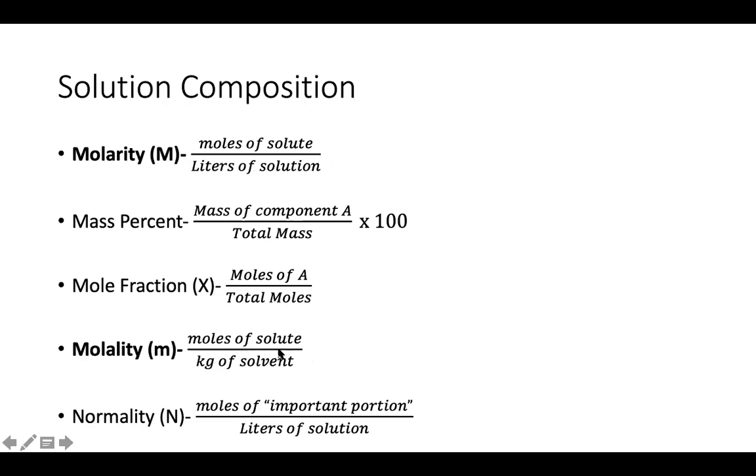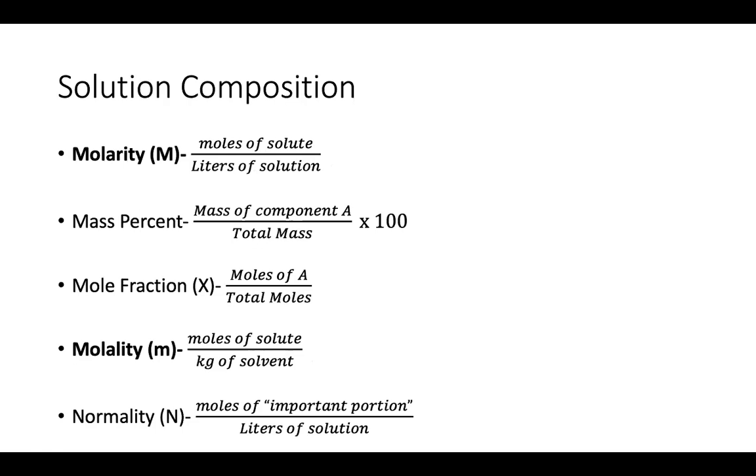Okay. And then again, there is normality. Normality is extremely similar to molarity, okay? But it's moles of the important portion over liters of solution, okay? You'll see this in acids and bases a lot, right?